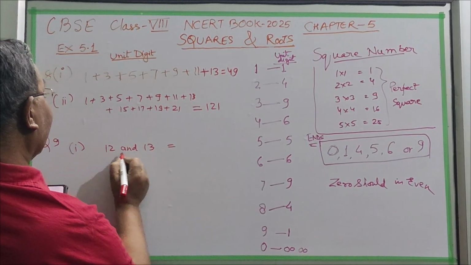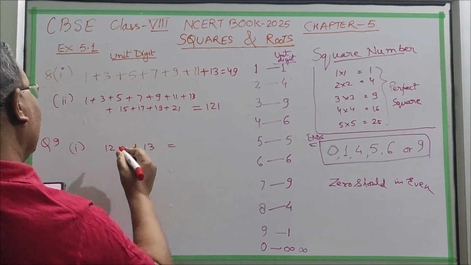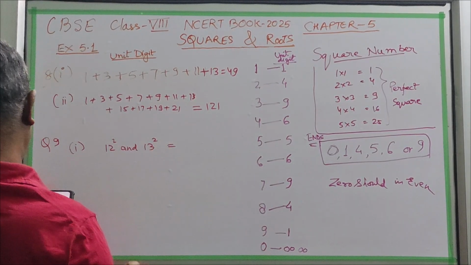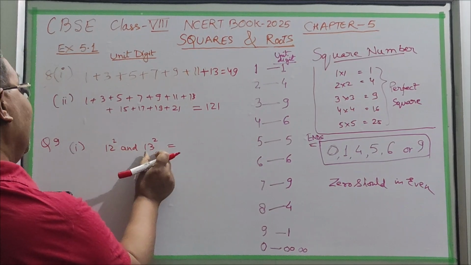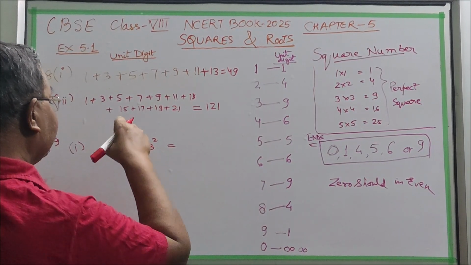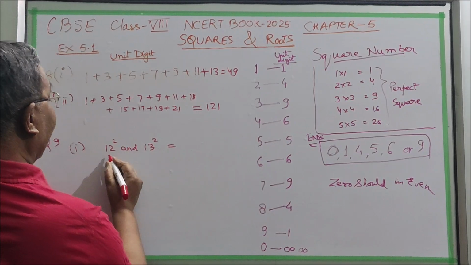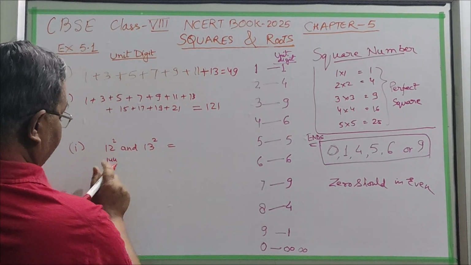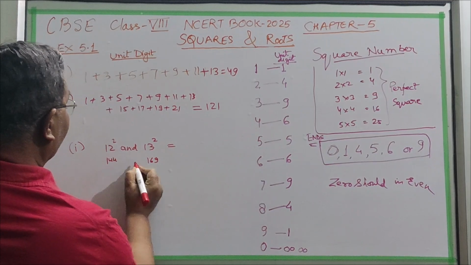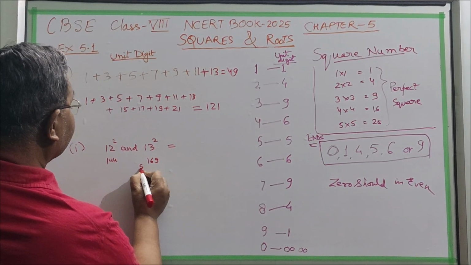How many numbers are there between the 12th square and the 13th square? If we make a square of 12 and a square of 13, how many numbers will be in between? 12 squared is 144, 13 squared is 169.